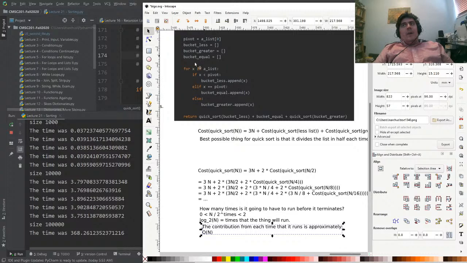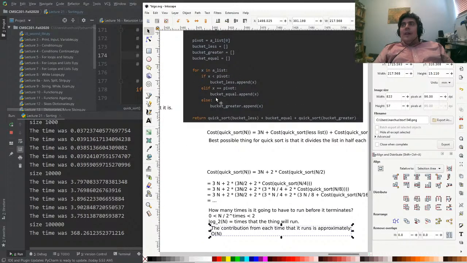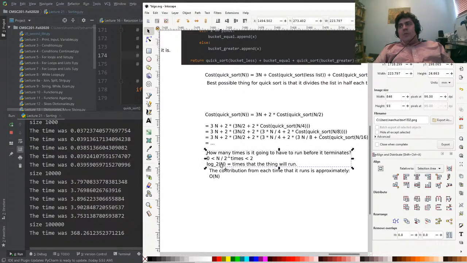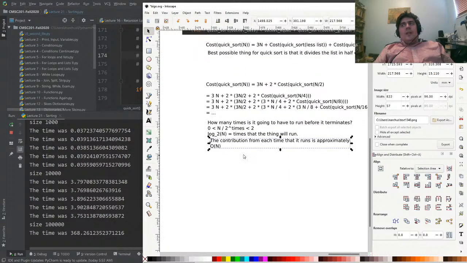That's what's generating the O of n. So every time you run it, you get an O of n, and then it splits into 2 subruns, and it splits into 2 subruns over and over. But eventually what you get in the end is that you run this splitting process log base 2 of n times, and the total contribution each time is an O of n process.